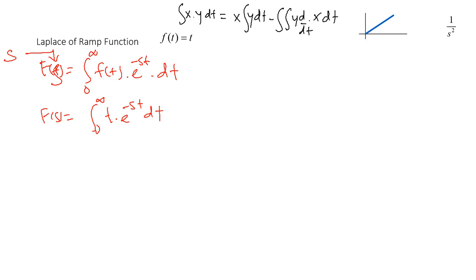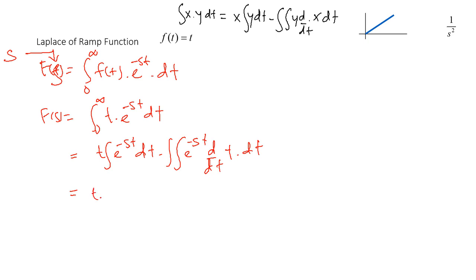So this is how we will extend our equation. So let's write it as t times the integral of e power minus st dt minus the integral of d by dt of t times the integral of e power minus st, dt. So this is a simple formula. You can check it in your FSc books or on the net. So now let's solve these integrals.